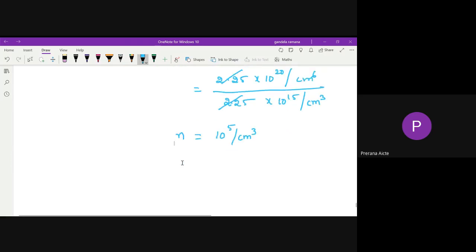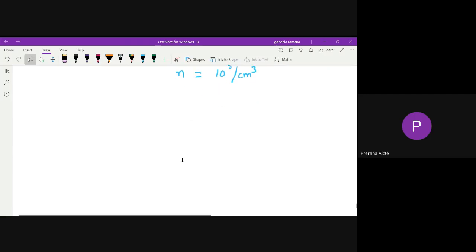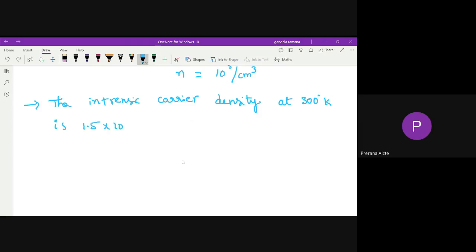So the next question. The intrinsic carrier density at 300 degrees Kelvin in silicon is 1.5 into 10 power 10 per centimeter cube.